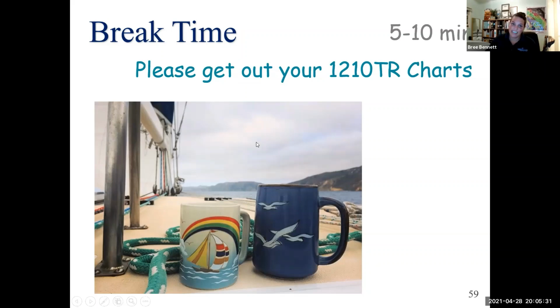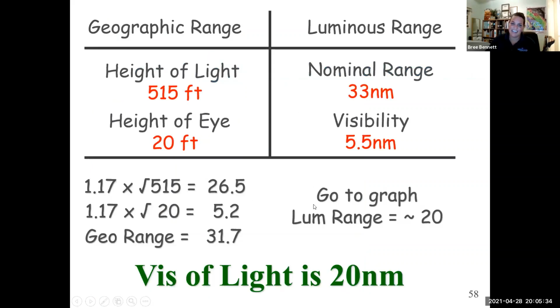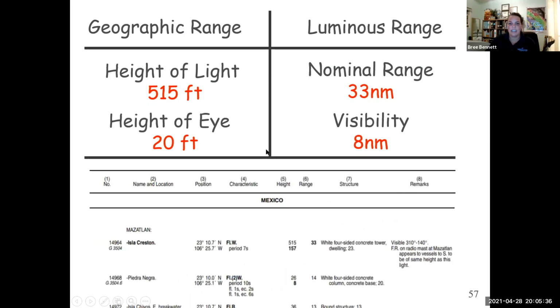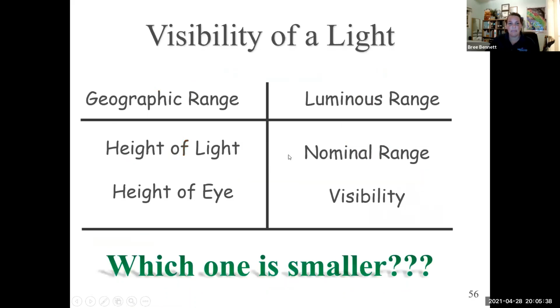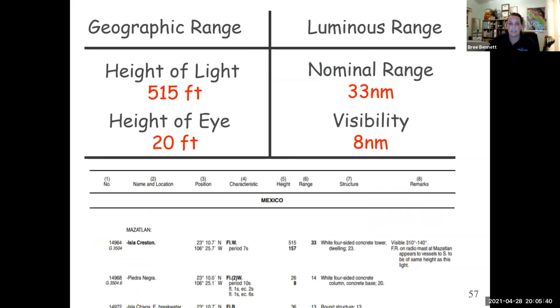If you're interested in calculating your range, you can look at this example. I'll leave it up for you there, but you should have the PowerPoints on the Google Classroom as well. So let's come back at 8:15. I'll put that in the chat. And we'll start with our plotting. So have assignments 3 and 4 and your training chart out.